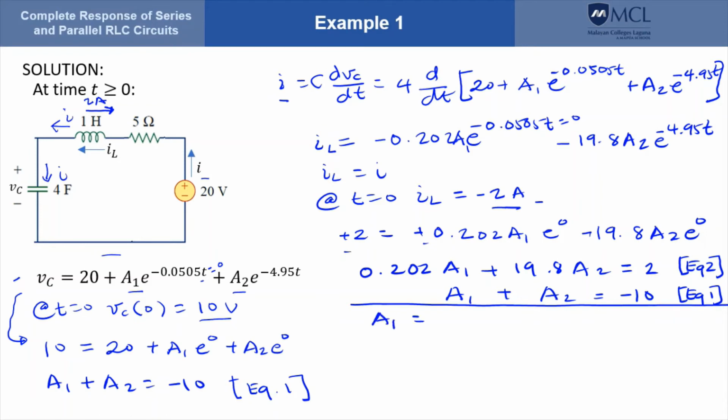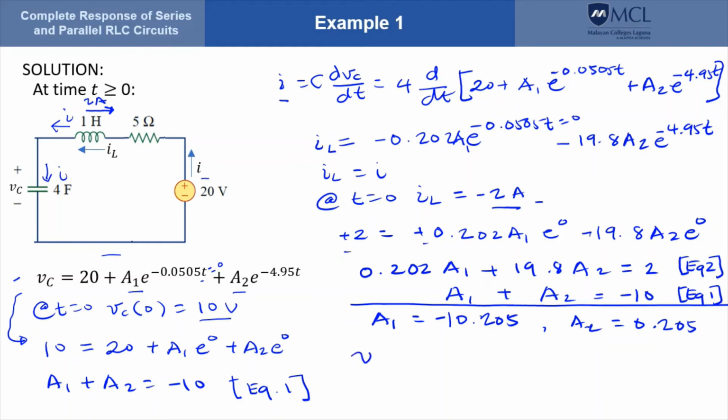That should give us A sub 1 equals negative 10.205, and for A sub 2 that would be positive 0.205. So this is equation 2 here.